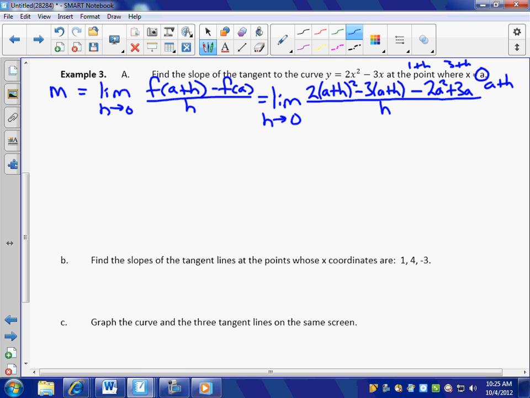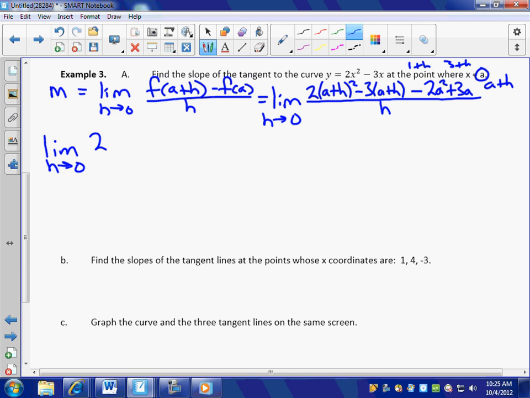Okay. So I now need to work that algebra out. The limit as h approaches 0 of a plus h quantity squared will be a squared plus 2ah plus h squared. Very good. I multiply that all by 2.